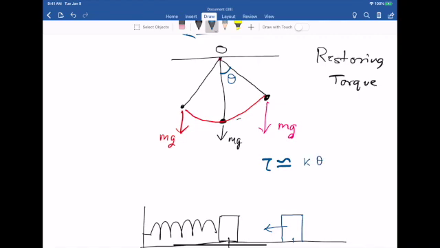This I'll show to you later on. So my point here is that since the torque is proportional to theta, this is also an example of simple harmonic motion. So whenever the restoring force or the restoring torque is proportional to the displacement for the force and the angular displacement for the torque, then we say that the motion is simple harmonic, and this should have a negative sign. The motion is simple harmonic motion. Okay.